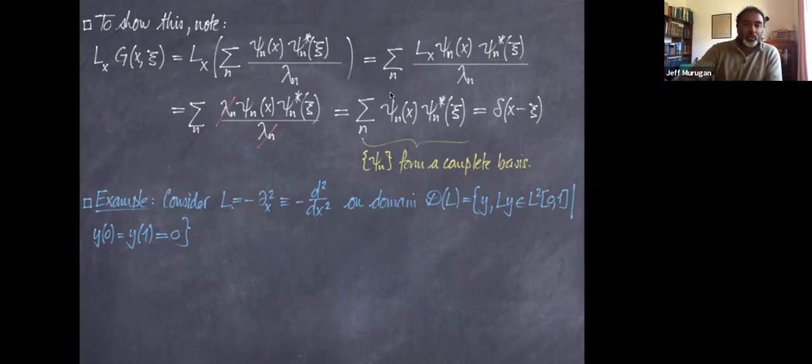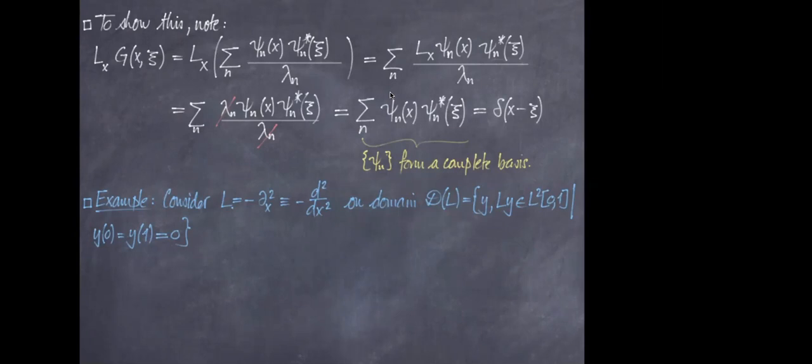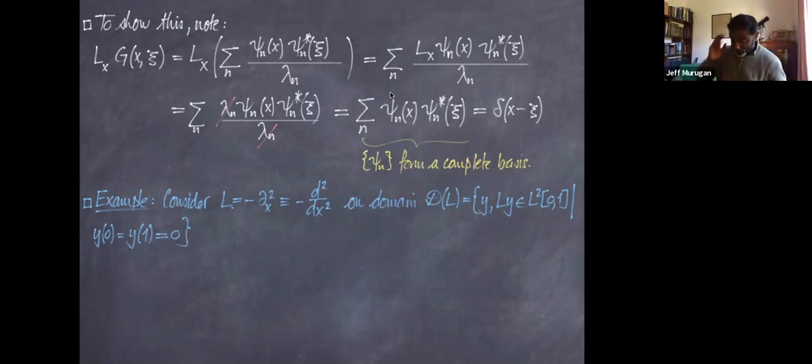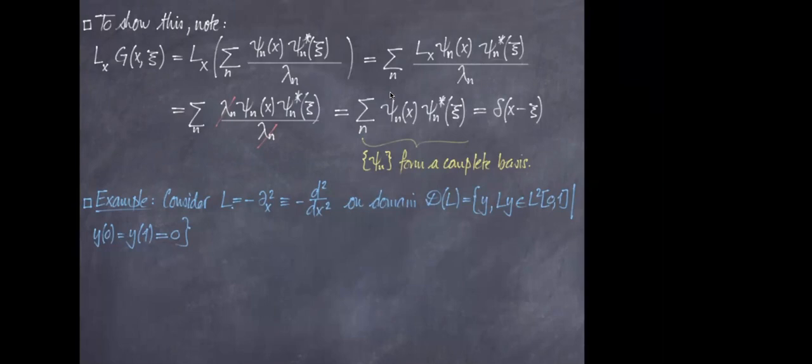So can you think of a function whose second derivative is minus itself? E to the minus x. And that satisfies those boundary conditions. Sines or cosines? Sine of x. Sine, good. Very good.